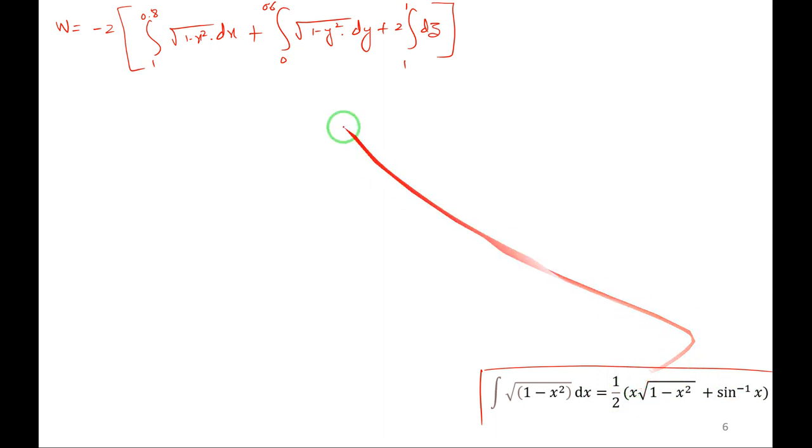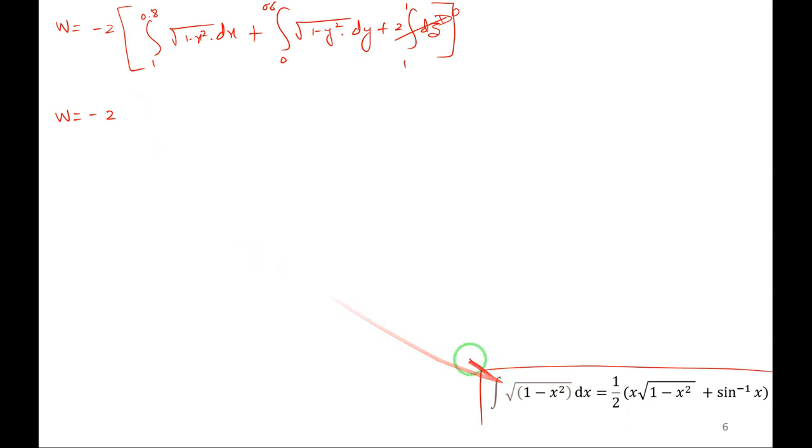And the third term will be 0 because the limits are the same. So, 1 by 2 into x root of 1 minus x square plus sine inverse of x, with limits varying from 1 to 0.8. We will put it in the curly bracket.